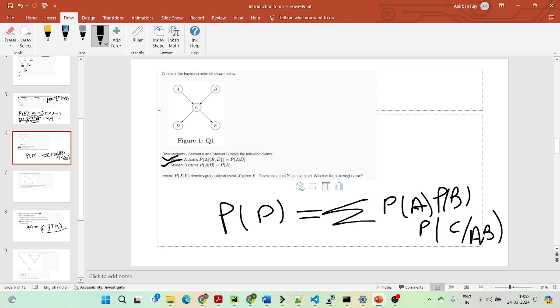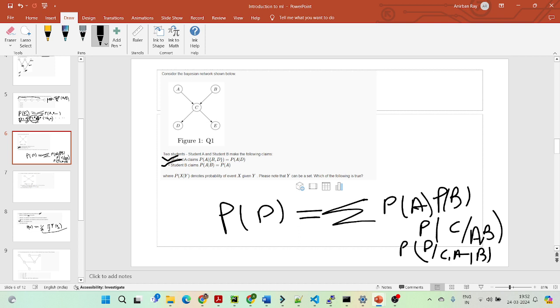And then P of D given C, A, B. To get probability of D, C has to be known. That is the idea, right?